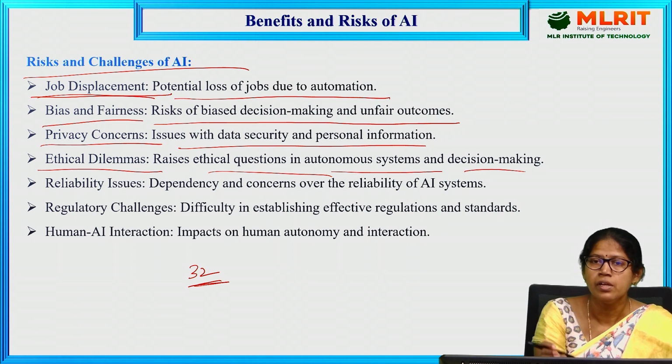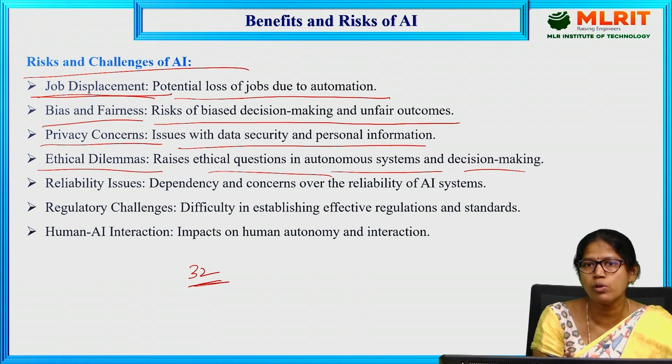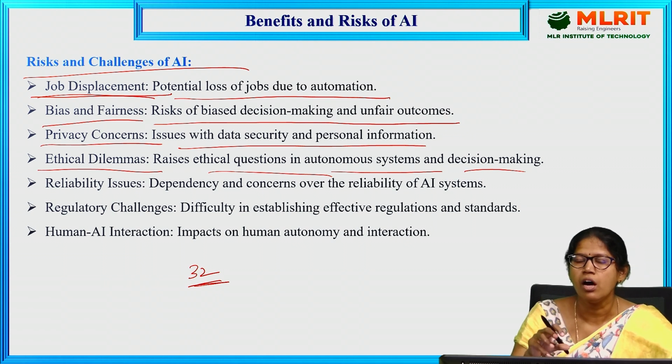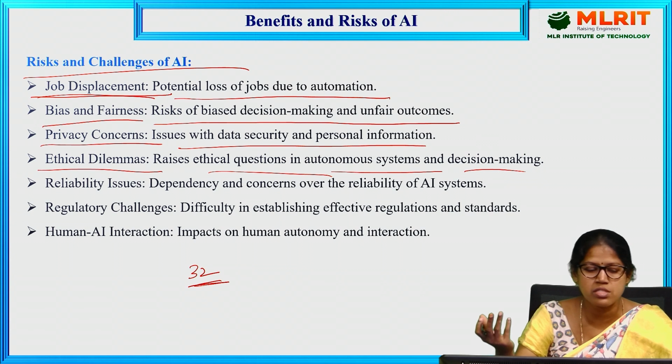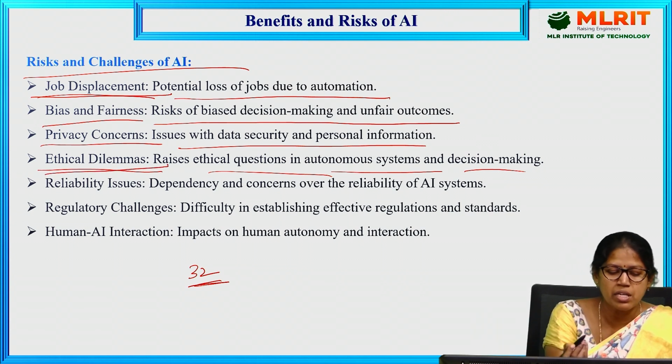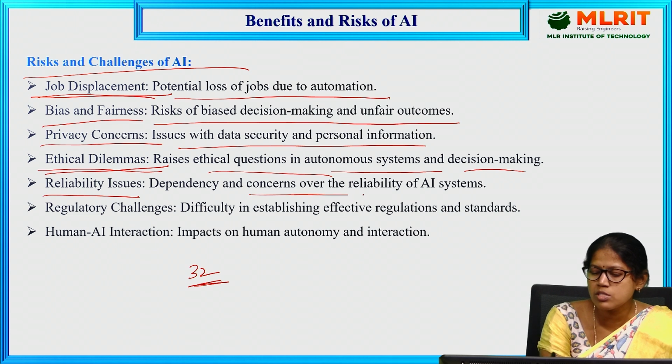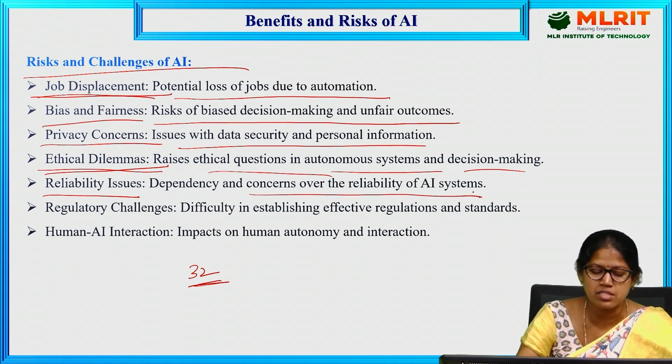There are only two options. In that, it has to pick one of the options. So it is very difficult in such scenarios to take decisions. Okay, so ethical dilemmas.